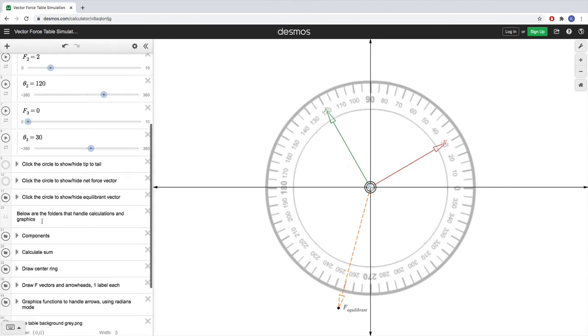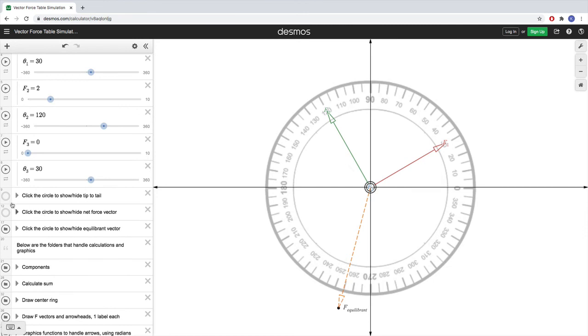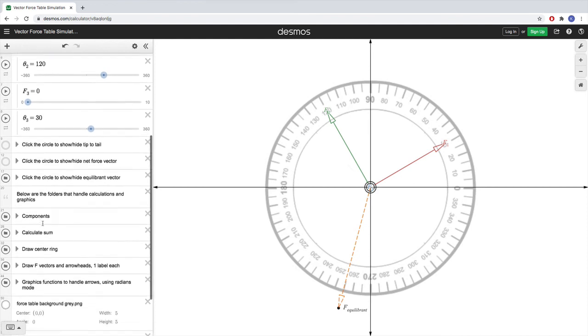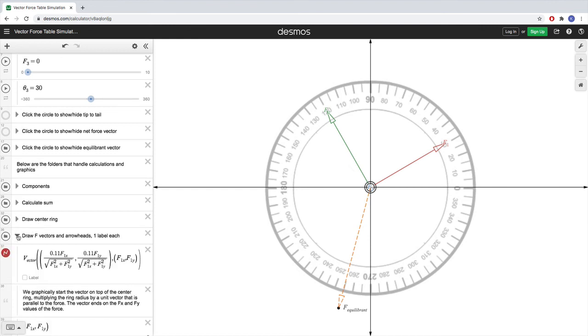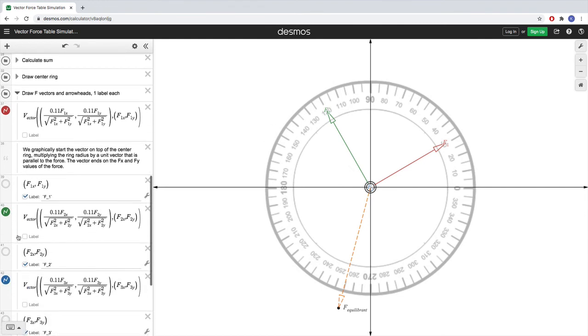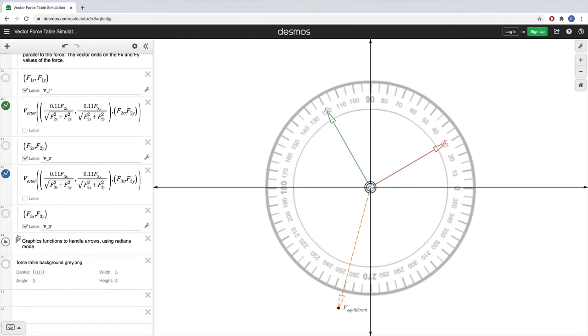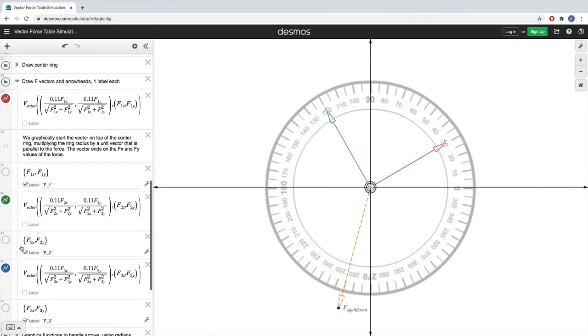So we got the equilibrant and got the components. You can investigate most of the things by clicking the little arrows here, for instance, but those are just more detailed items. But if you don't want to, you don't have to.